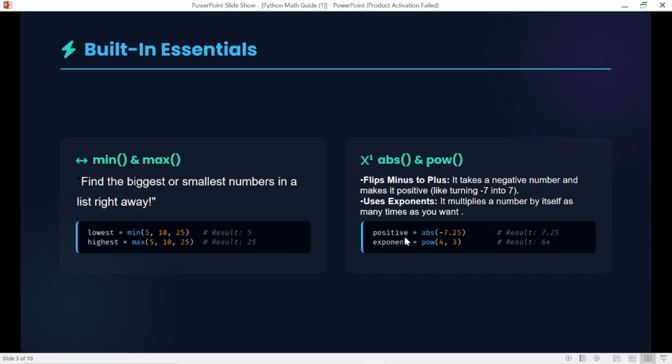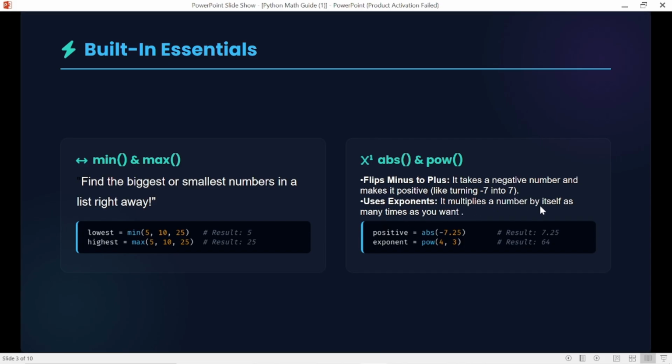Here is an example: abs, and in brackets we write our number, like minus 7.25. The result would be 7.25 in positive.